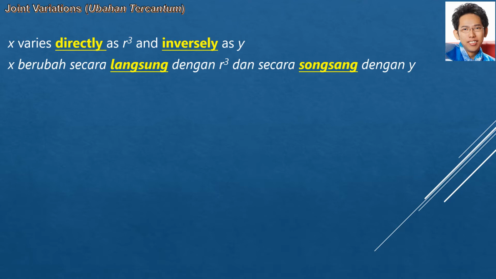So now we have x varies directly as r cube of r and inversely as y. X berubah secara langsung dengan kuasa 3a dan secara songsang dengan y. So bagaimana kita tuliskan ungkapan dia yang pertama? So ungkapan dia mula dengan x berubah. So directly di atas, inversely di bawah. So the direct, this one is directly.